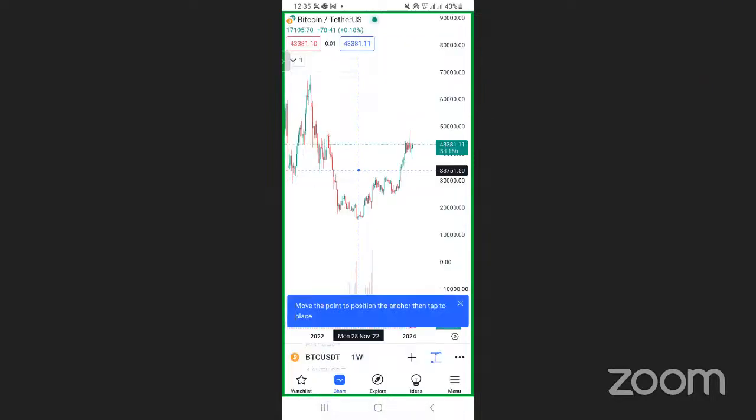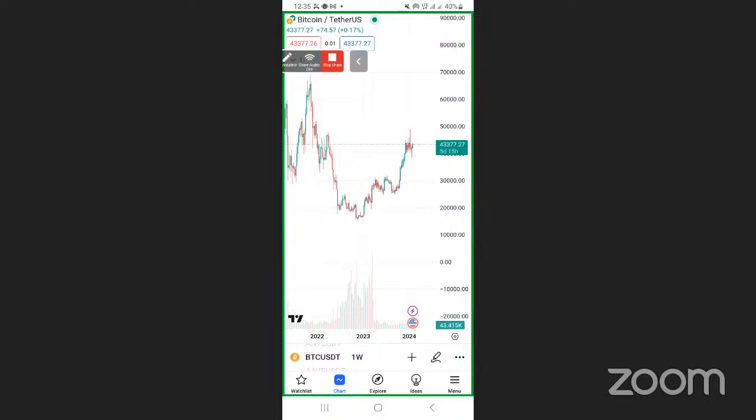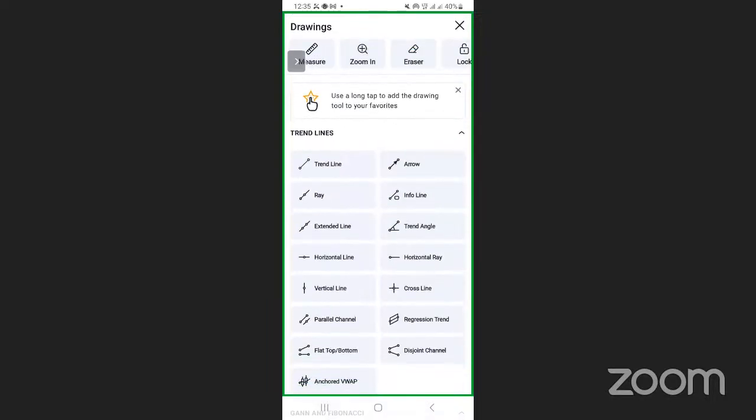For now, like I told you, we are going to use the trend line. Are you seeing this pencil? That's what I'm going to tap on, and then I look for trend line. I think the word trend line is this one.